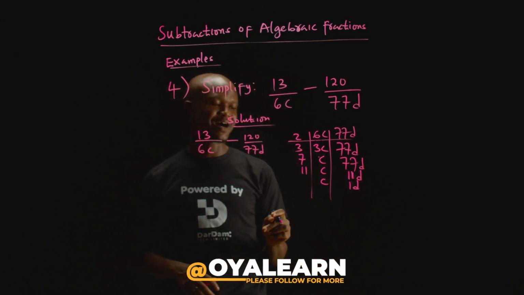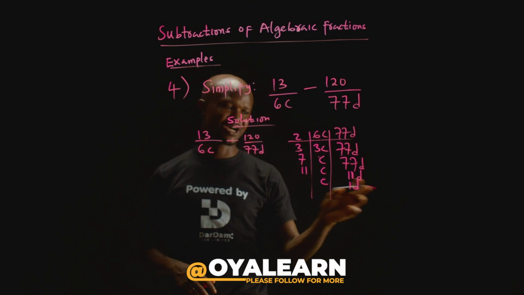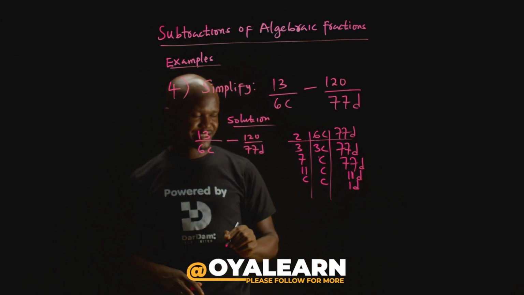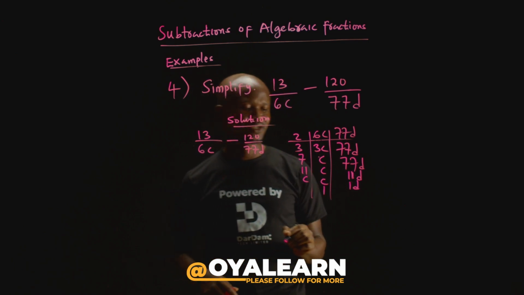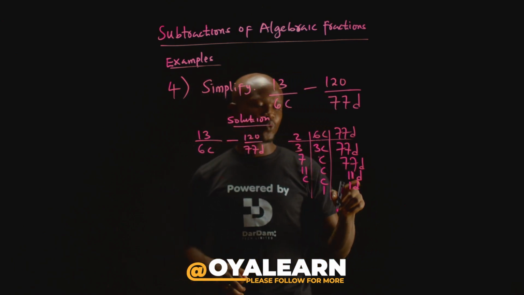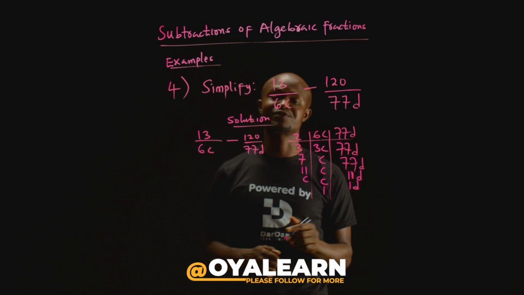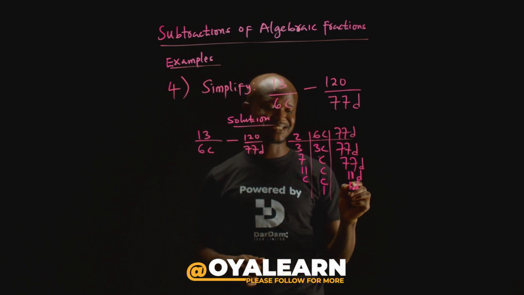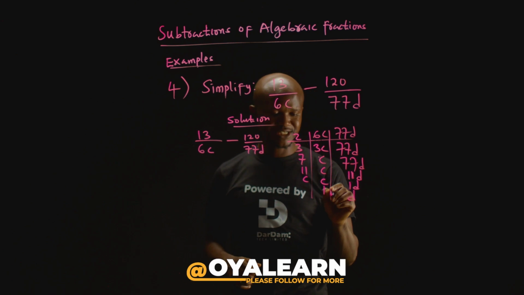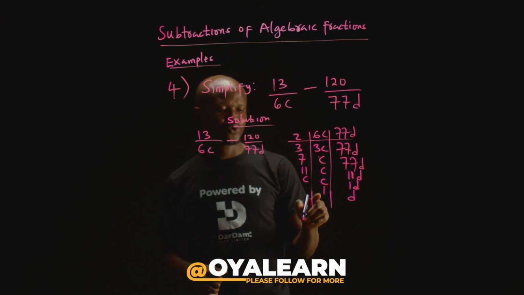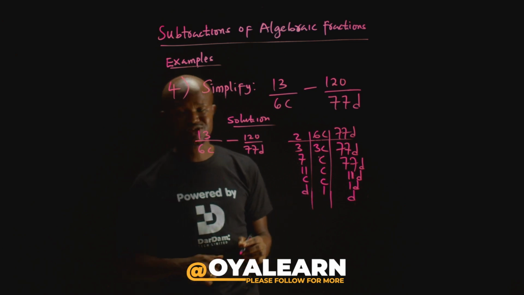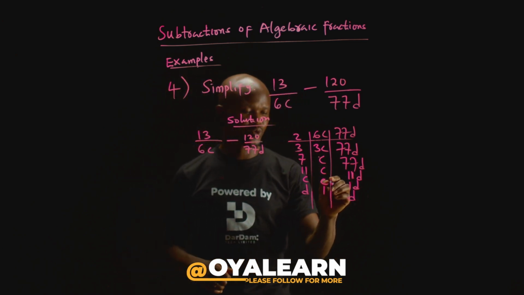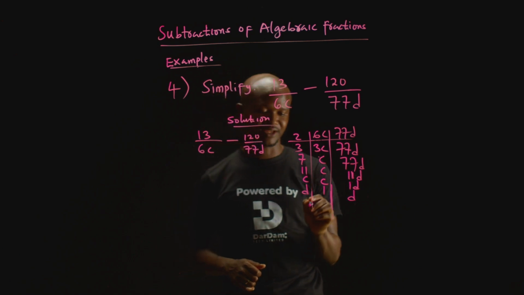Now we go back to the letters that we have here. Using c first, c divided by c is 1. And here, 1d is not a multiple of c, so we still write 1d, which is the same thing as d. Now we are going to use d. We must exhaust everything such that we have 1, 1 at the end of everything.